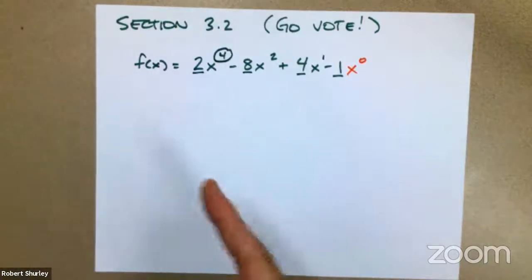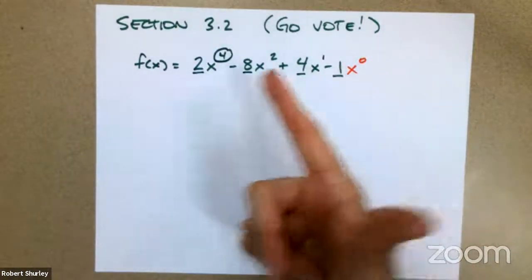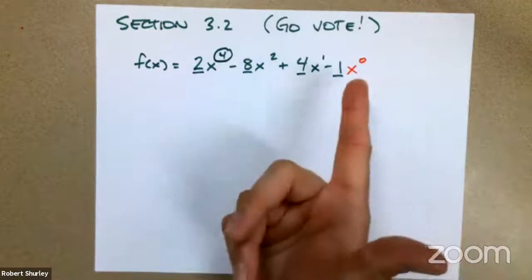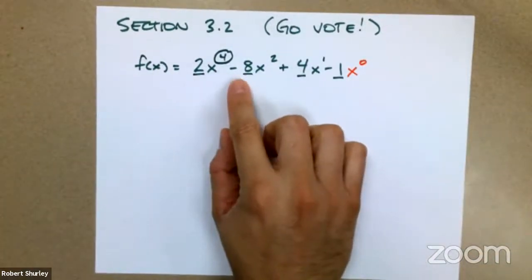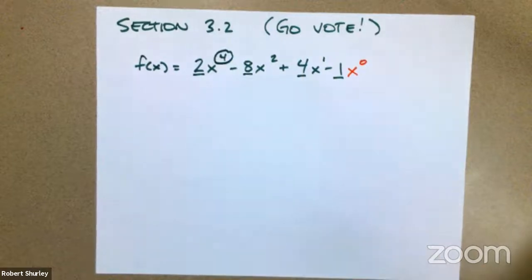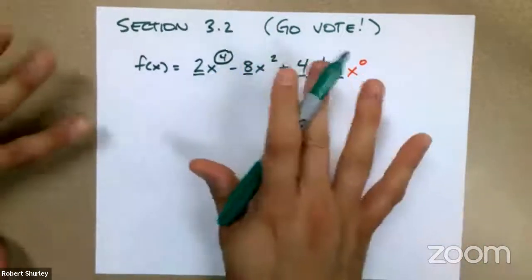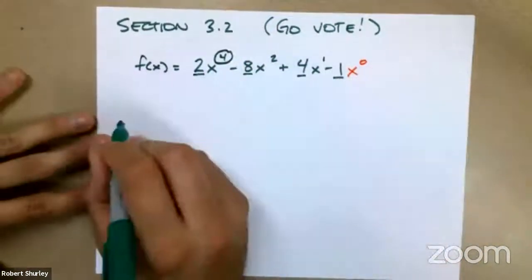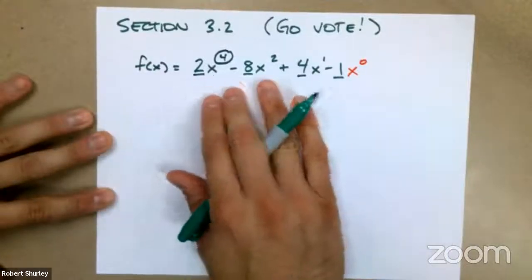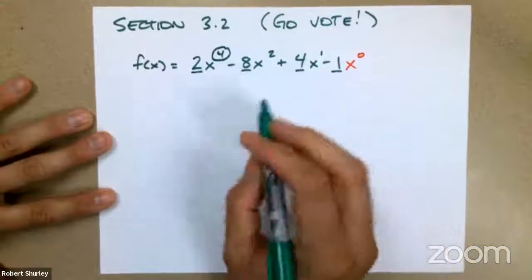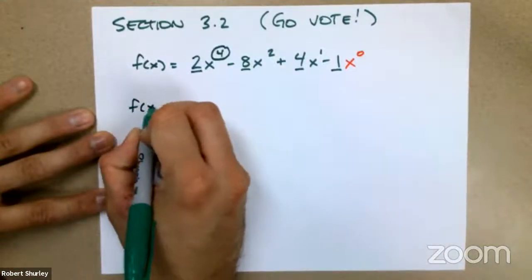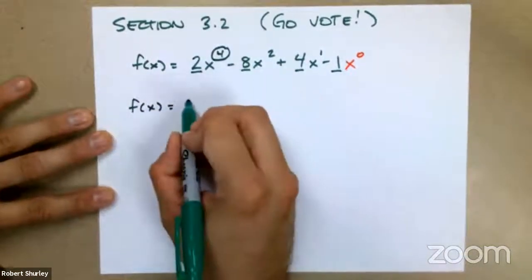Now notice these are in descending order. In the next section, we're going to talk about descending order with missing terms. There's a missing term here, the x cubed term. So I'm going to write this just for now. You don't have to do this, but if I wanted to write this polynomial in descending order with missing terms, which we're going to need to know for 3.3, you would have to put an x cubed variable in there.